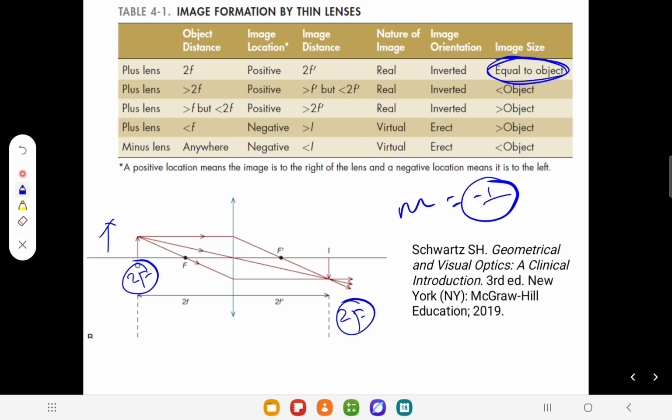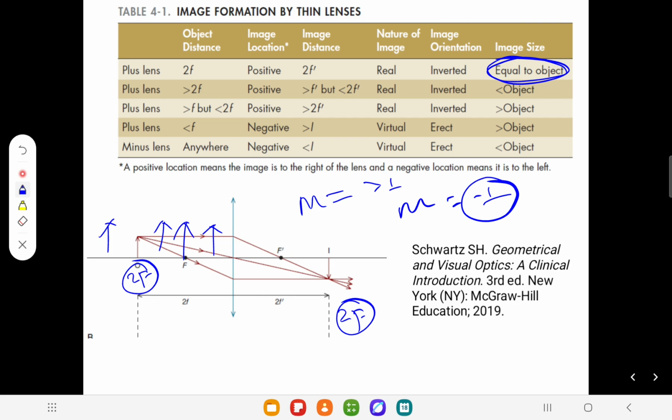After 2f, the game always changes. Whenever we put the object after 2f, no matter what, between 2f and f, or at f, or between f and the lens vertex, the image will always be magnified. The image will always be magnified no matter what in a plus lens. Yes, definitely the image will convert from real to virtual, that's another point.